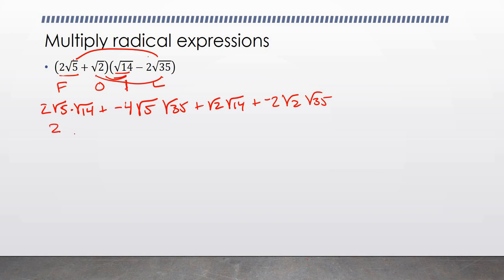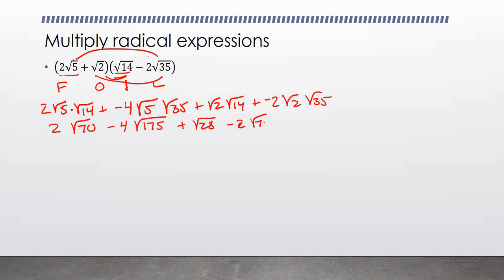So, 2 times root 70 minus 4 times root 175. 5 times 35 is 175. Plus 2 times 14 is the square root of 28.